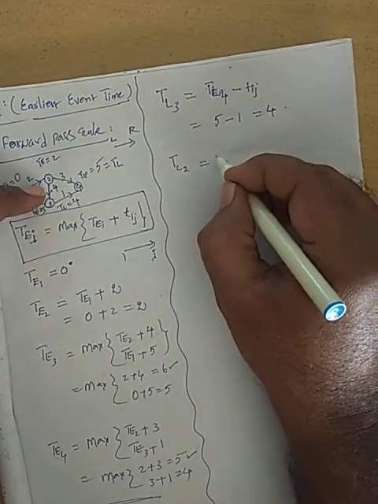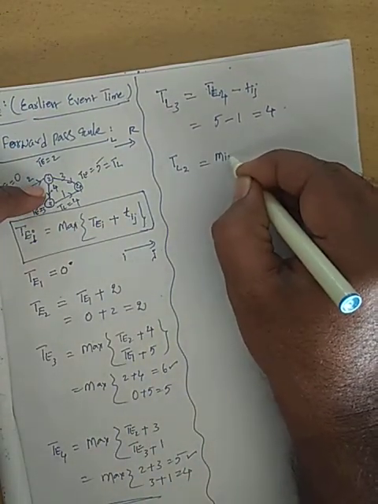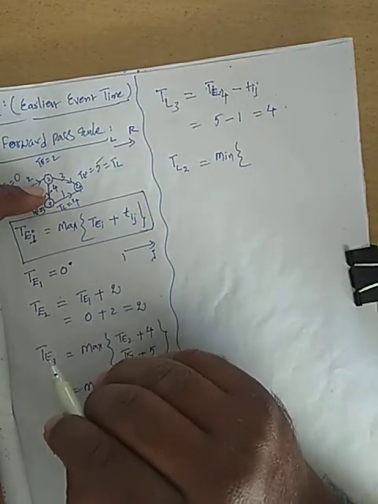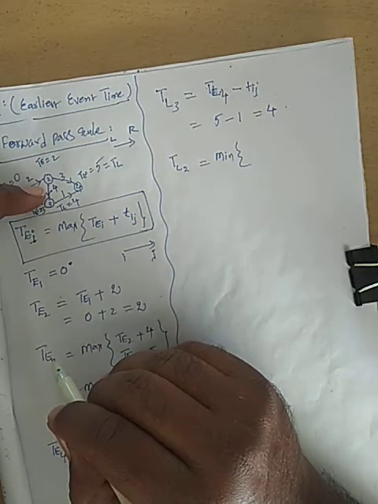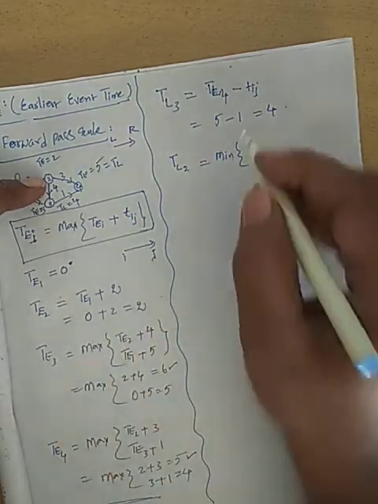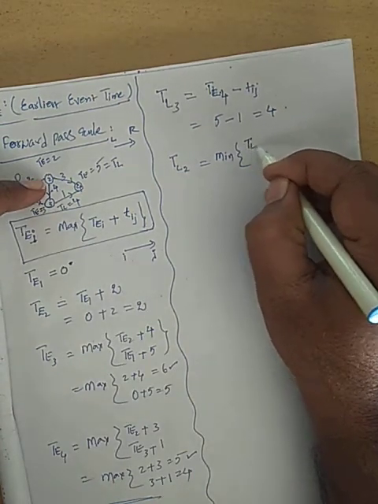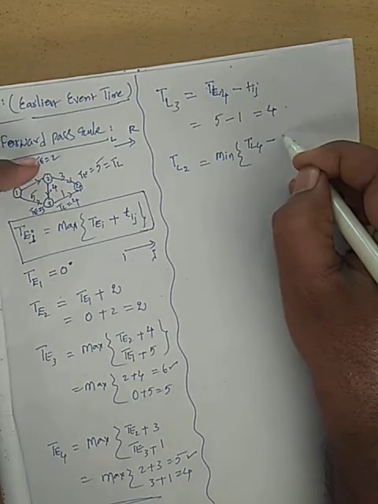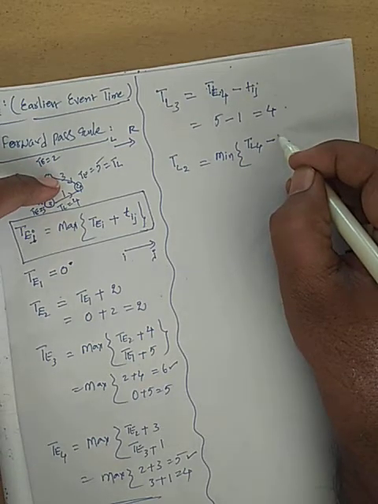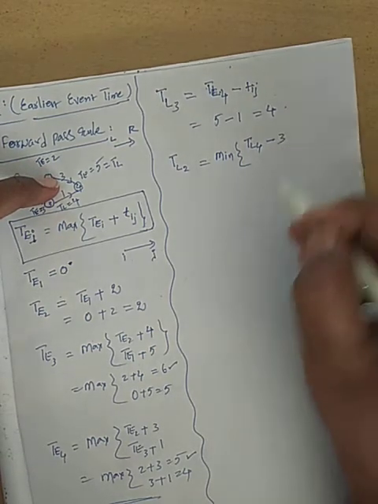So what is the formula I can write here? Because more than one route is there, minimum of TL4 minus Tij, that is 3, one option.